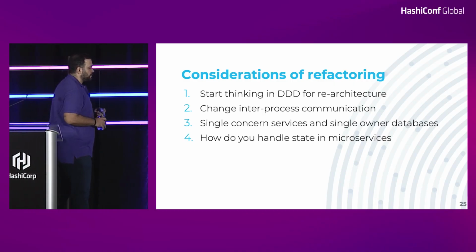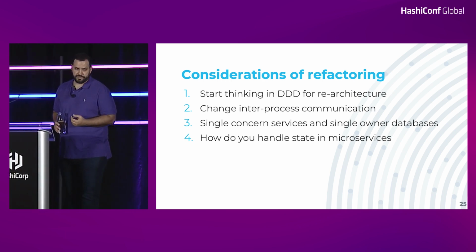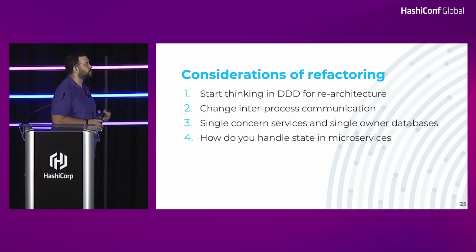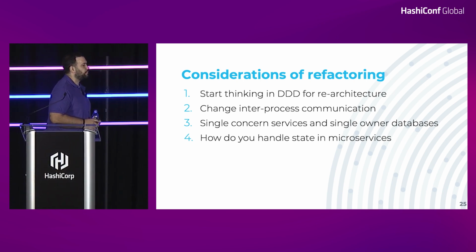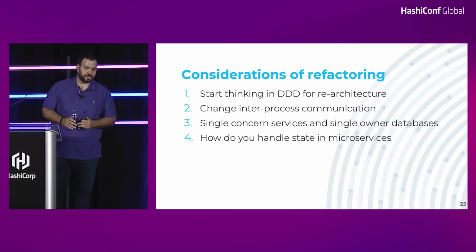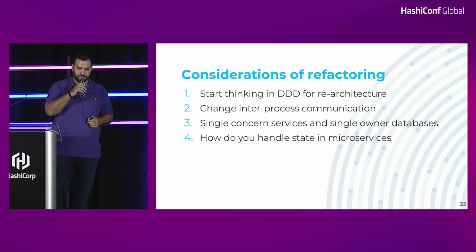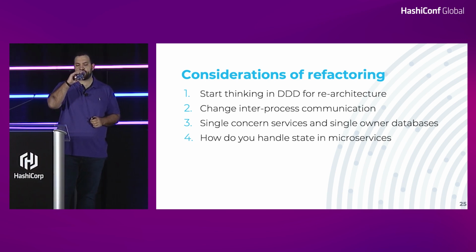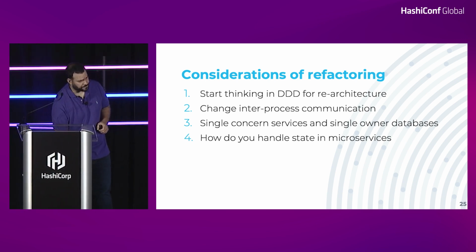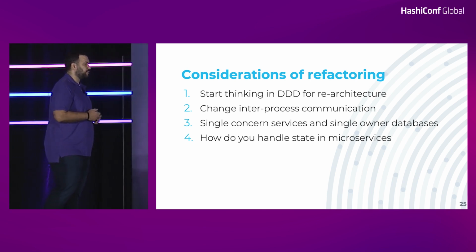So some things are going to be a burden for the development team as we go through this journey. So first of all, the team is going to have to start thinking in domains. They're going to have to start thinking about architecture in DDD. We're going to change how our services interact.